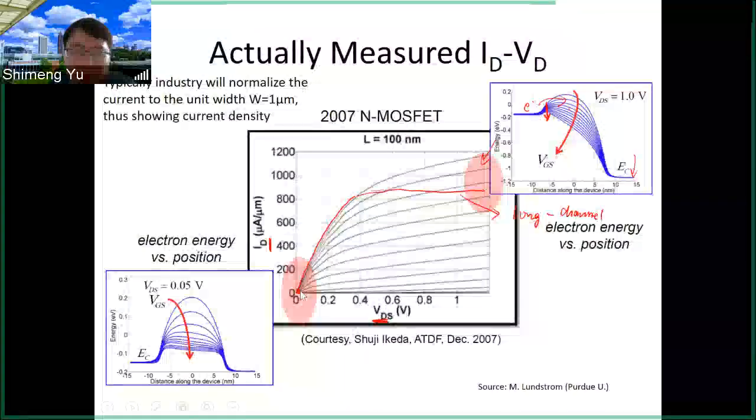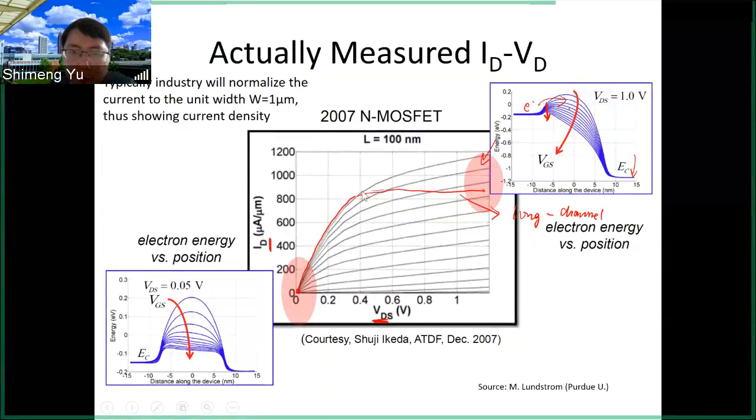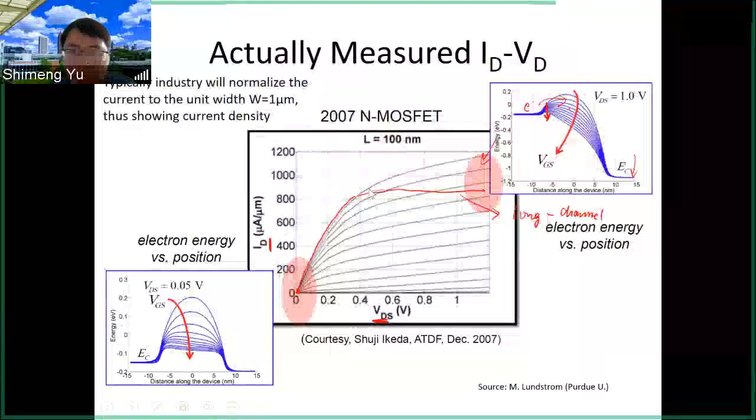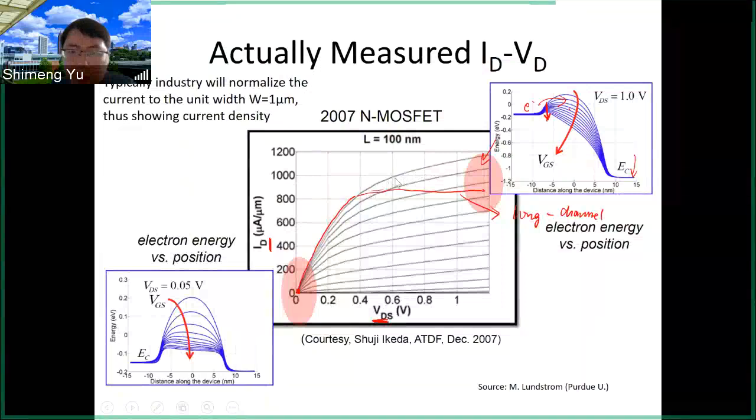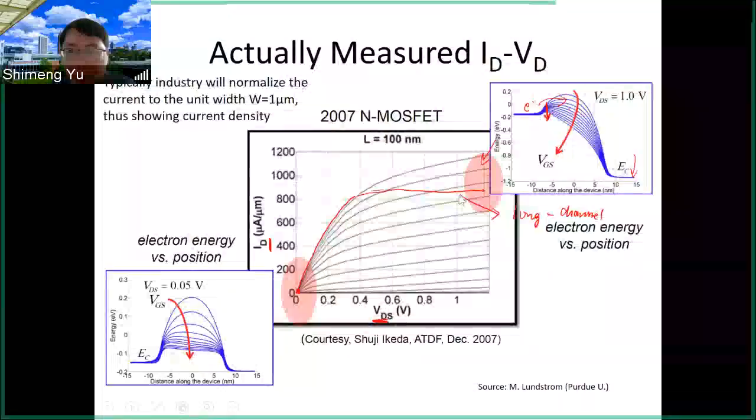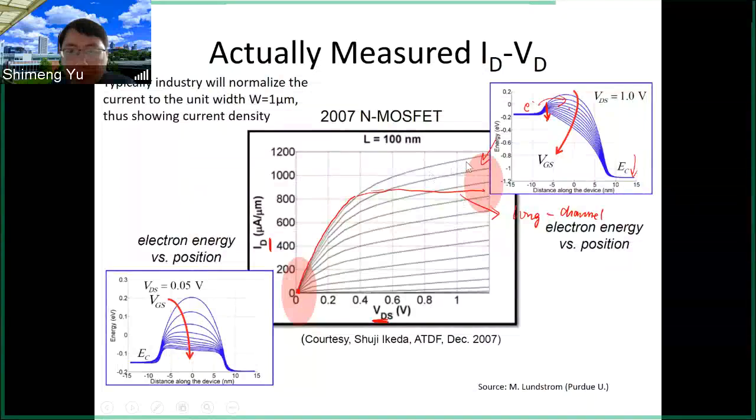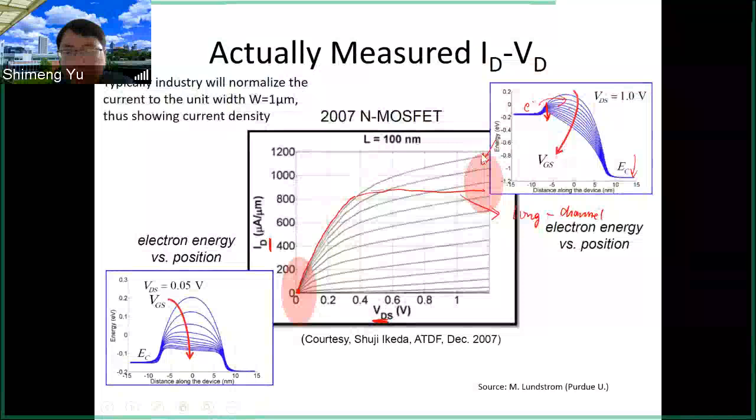So you see that in the ID-VD curve, when you are reaching the saturation region, the current no longer saturates. Still, the current will gradually increase with increasing drain voltage. And we will discuss more details about what causes this. This is due to the short channel effect, and we are going to discuss that in more detail later today and in the following lectures.